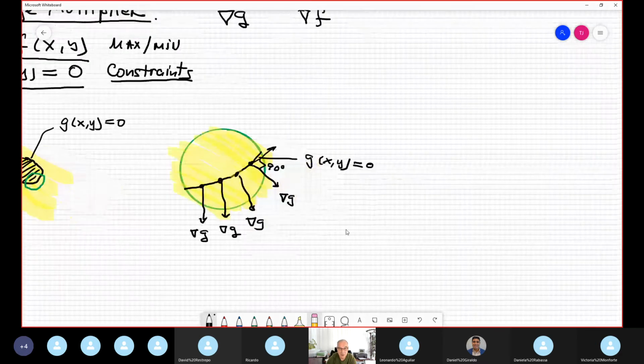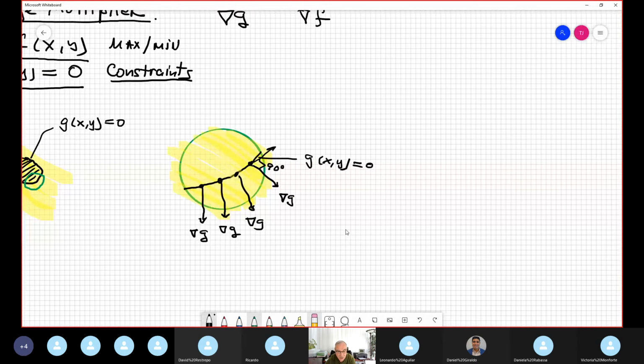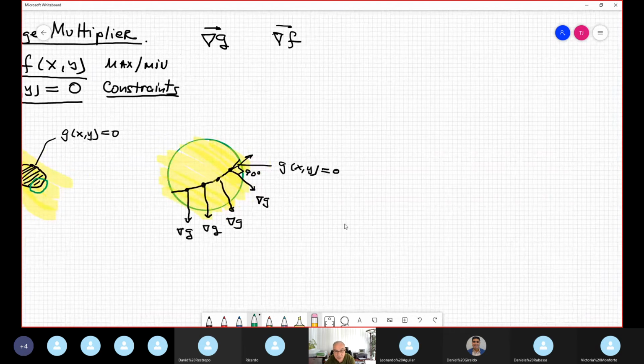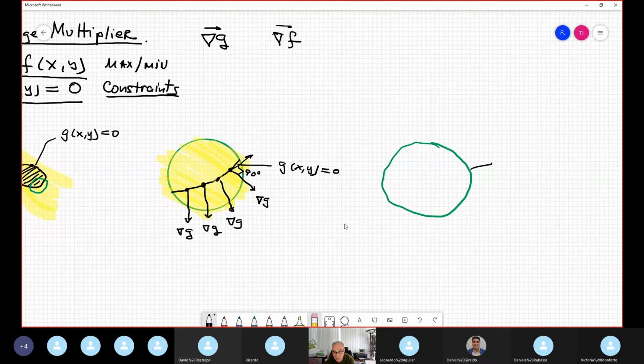Okay. Let me try to understand now what happens with the gradient of f. That is the reason I need to do another similar sketch. Look, again, this is the boundary. It can represent the function g of x comma y. This is a piece of the curve. We have different points, point 1, point 2, point 3.